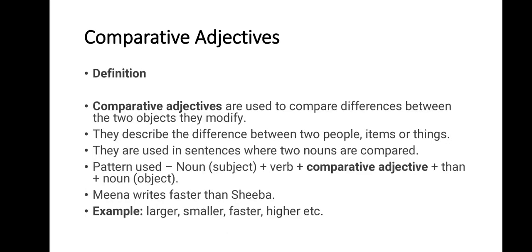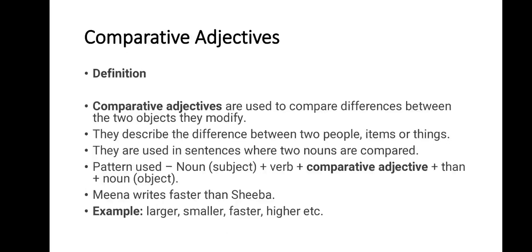Whenever you use a comparative adjective, you use the word than, plus again the second noun or second object. I told you, you cannot compare just a single noun. You have to have two nouns, two people, two items or two things to make the comparison.